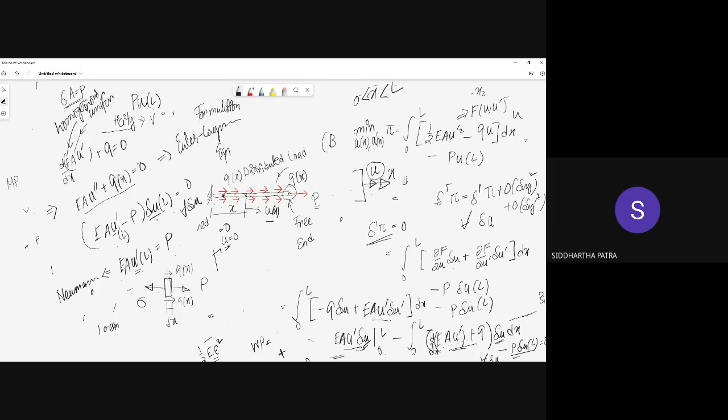So I can write P plus q of x times dx equals sigma times A. You see, these are all finite quantities, and this is a differential quantity. And actually, you can make dx as small as you want, so small that these two faces are not different faces but the same face. So basically the stress value at x equals L is simply P by A.